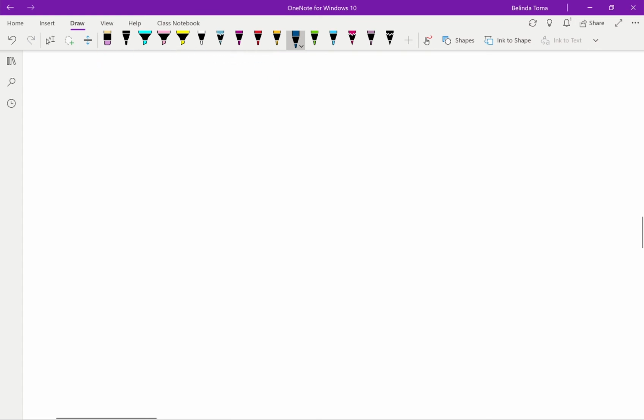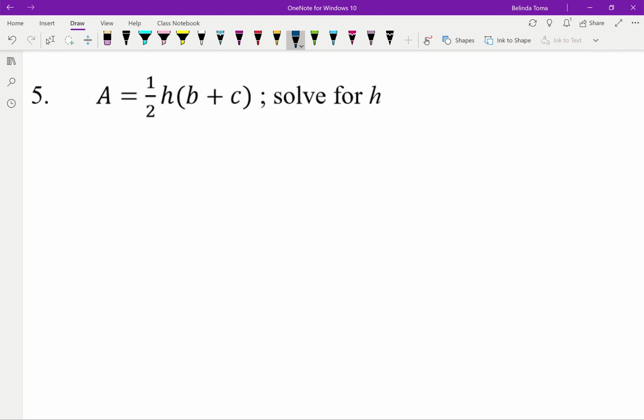Okay, here's another one that has parentheses, and so I'm going to ask you to think the same question. All right, do I really want to distribute the 1/2 h? Is that going to help me solve for the h right there, or is it going to make it messier? Because now I'm going to have a 1/2 hb and a 1/2 hc.